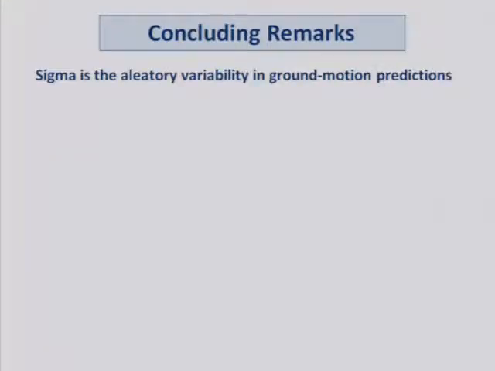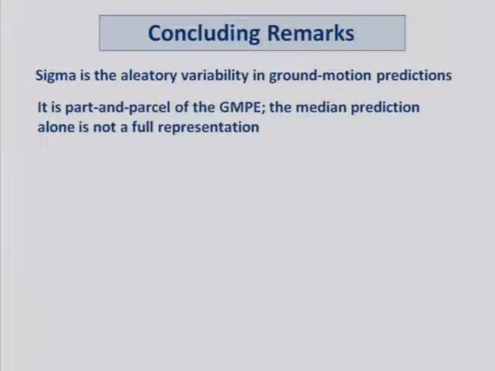So, in my concluding remarks, points to emphasize. Firstly, what we essentially mean by sigma is the aleatory variability in ground motion predictions, even though, as we've seen, it can be more refined than that. It's part and parcel of a ground motion prediction. The median prediction alone is, I wouldn't say meaningless, but it's not the full representation.